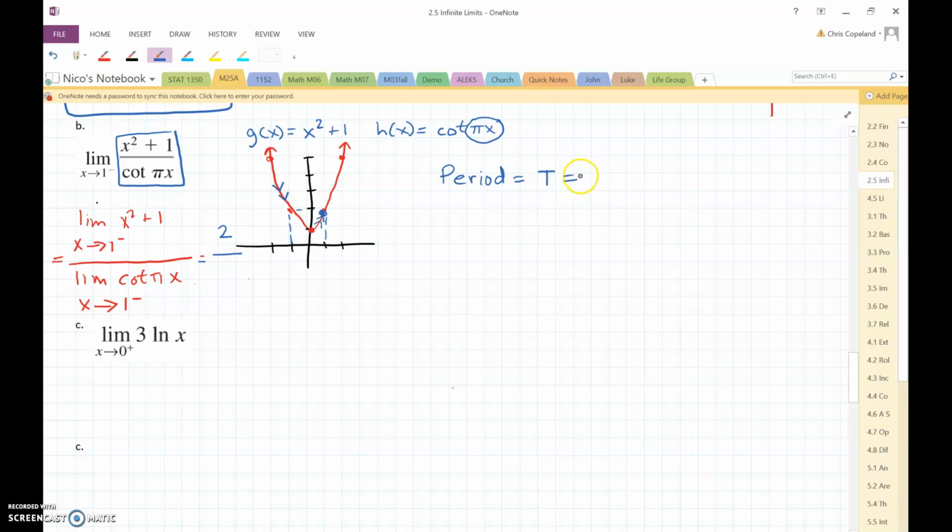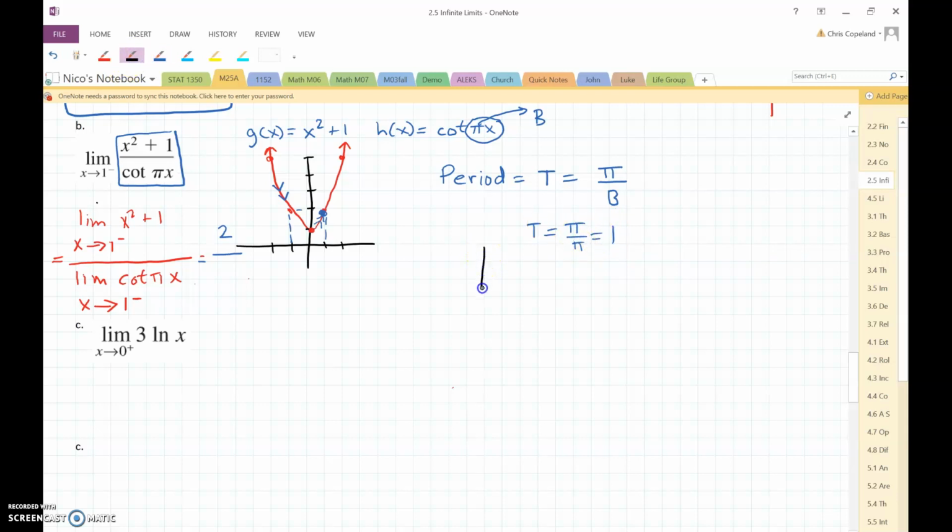Typically the period for the cotangent function is pi divided by b, where the coefficient in front of this x is going to be b. So if we want to find the period here, it's going to be pi over pi, which would be 1. So this tells us that for cotangent of pi x, the period, instead of being pi, is now going to become 1.